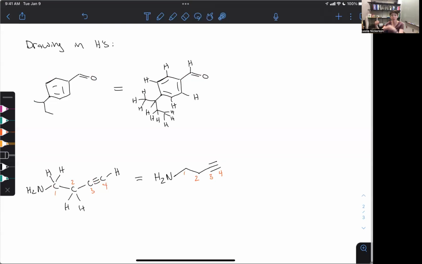So any place where those lines meet, that is a carbon. They are the trickiest carbons to watch out for, so just keep an eye on them. So if I'm thinking about H's here, I've got 2 there, 2 there, and 1 there.